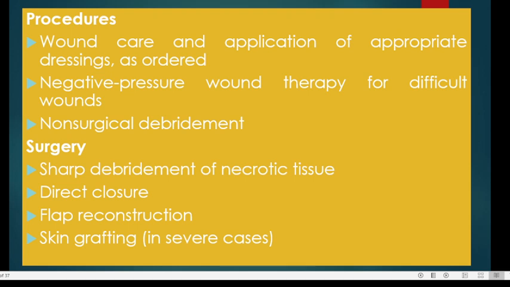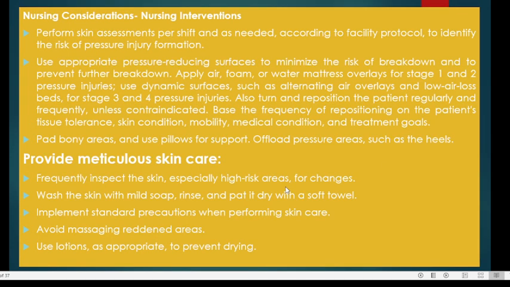In this case, we have wound care and application of appropriate dressings as ordered. Next we have negative pressure wound therapy for difficult wounds and non-surgical debridement. What about the surgical intervention? We have sharp debridement of necrotic tissue, direct closure, flap reconstruction, and skin grafting in severe cases.